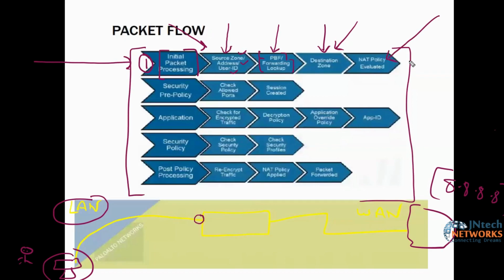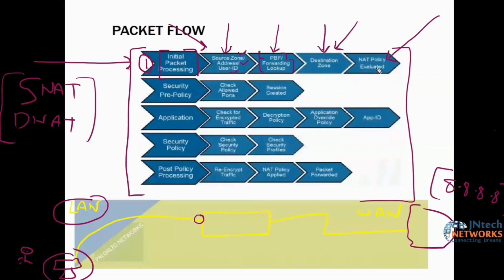Then it will verify the NAT policy. The NAT policy is evaluated. Maybe in your scenario you are working with source NAT, or you have a DNAT scenario. So your firewall will check the NAT policy configuration as per your traffic flow.